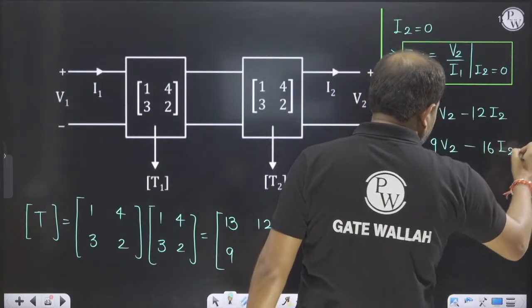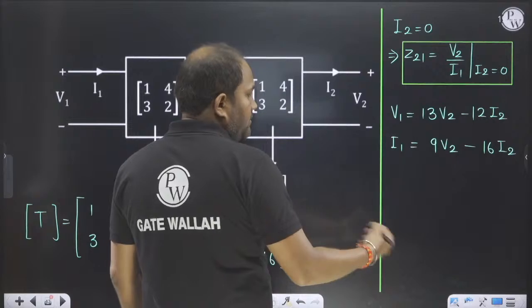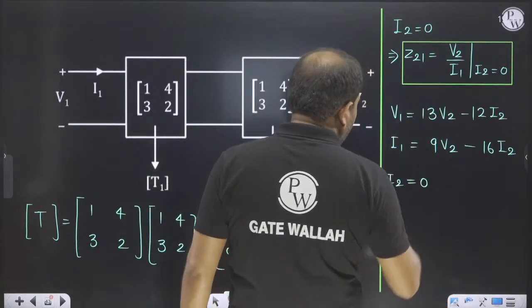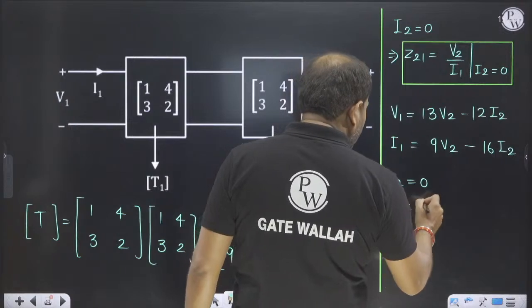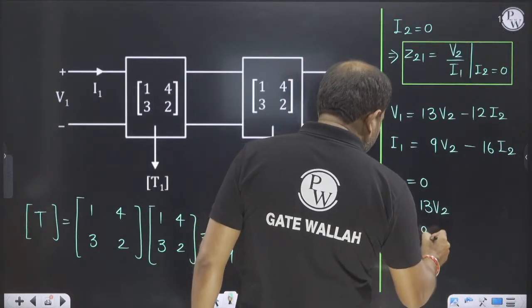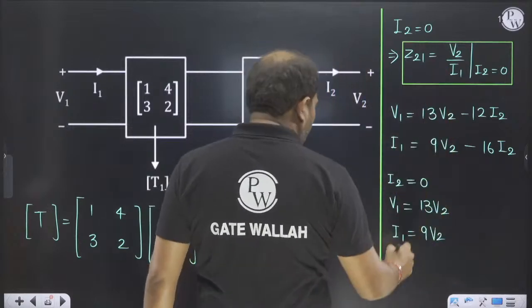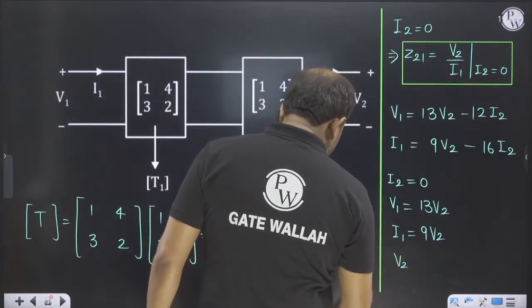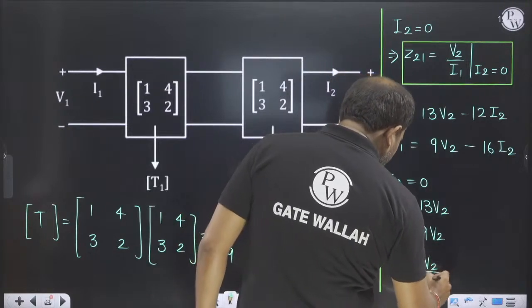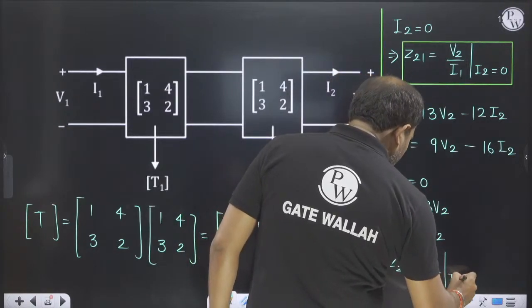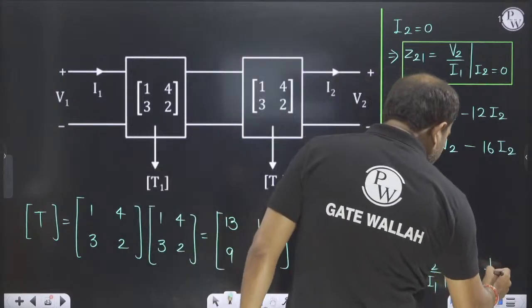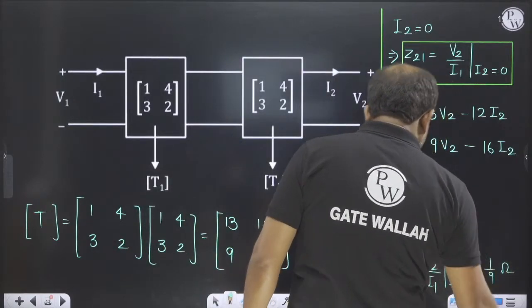So if I2 is equal to 0, V1 is equal to 13 V2 and I1 is equal to 9 V2. So Z21, which is V2 upon I1 with I2 equal to 0, will be 1 by 9, and it is in ohm.